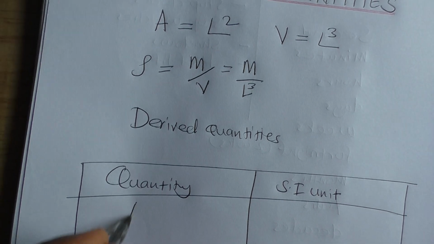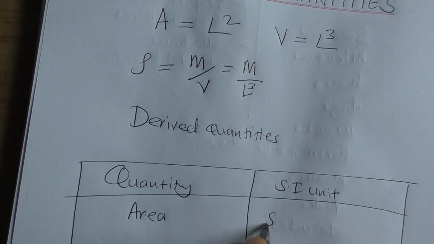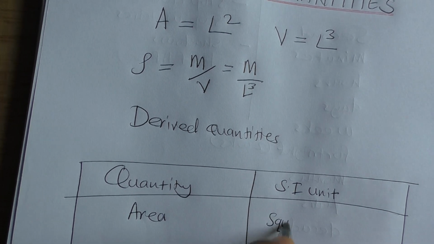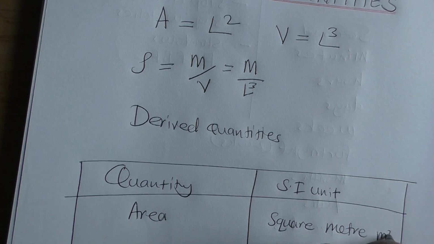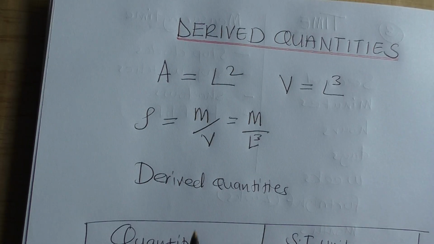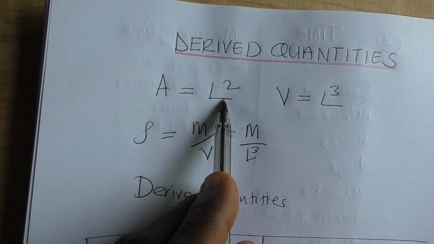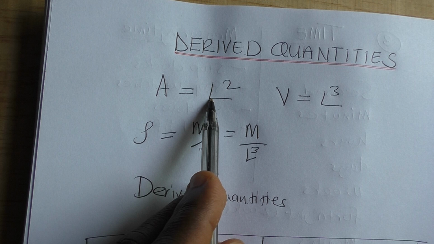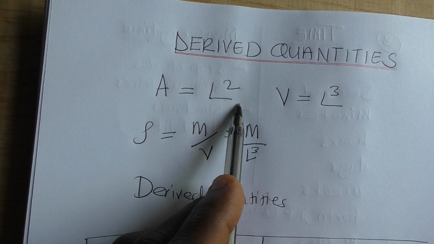Let us start with area. The unit is square meter, because when we are finding area it is length squared, and the length is measured in meters. So length squared gives us meters squared.